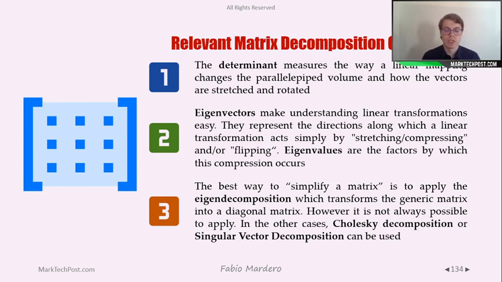Finally, we have seen that the best way to simplify a matrix is to apply the eigendecomposition, which reduces a generic square matrix into a diagonal matrix. However, the eigendecomposition is not always possible to apply. In the other cases, we have to use the Cholesky decomposition if the matrix is still square, or singular value decomposition if the matrix is rectangular.